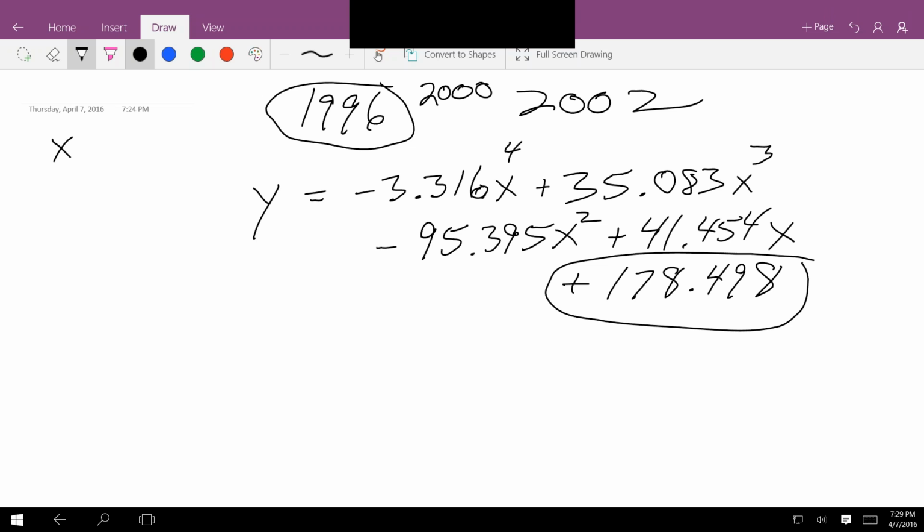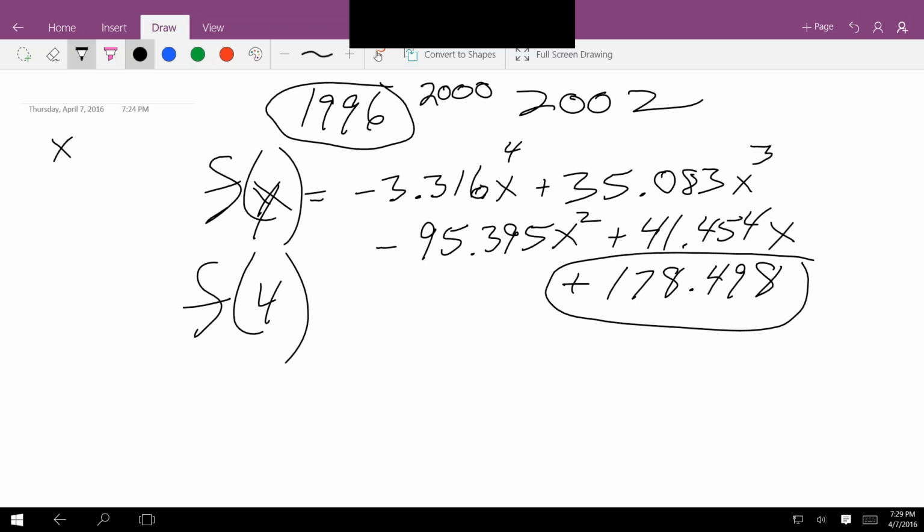Let's call this f of x instead of y. Well, what we want is f of 4. I will let you do that on your own and come up with a number.